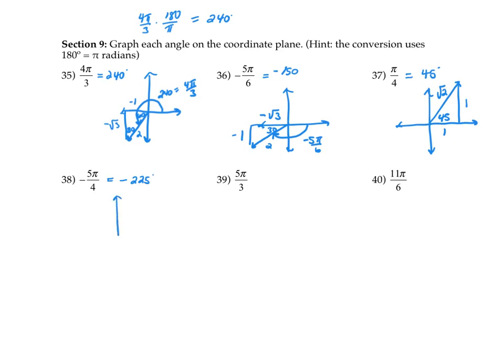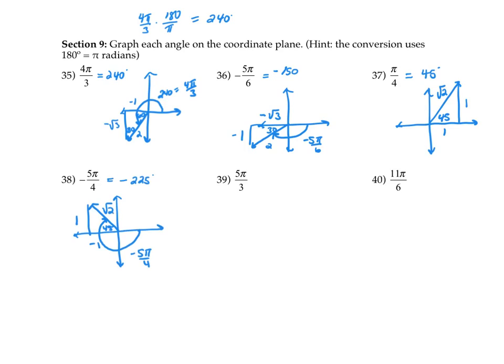Well, it's negative 225. So make sure you start at the positive x-axis. There's negative 90, negative 180, and then negative 225 degrees. Reference angle is still 45, so this side would be negative 1, positive 1, square root of 2.